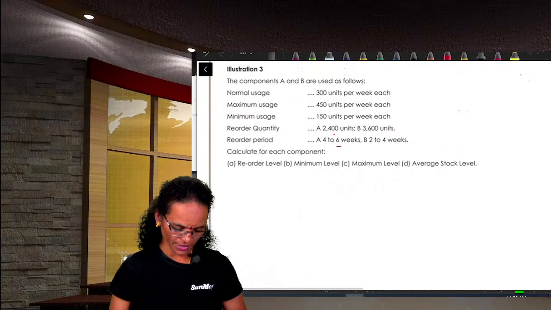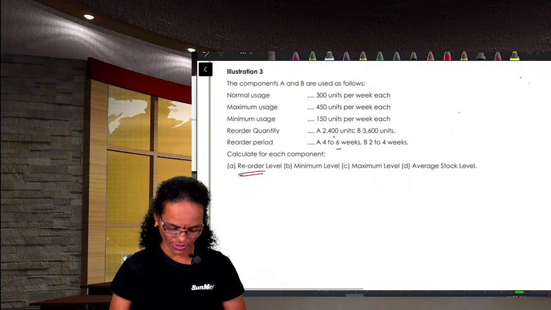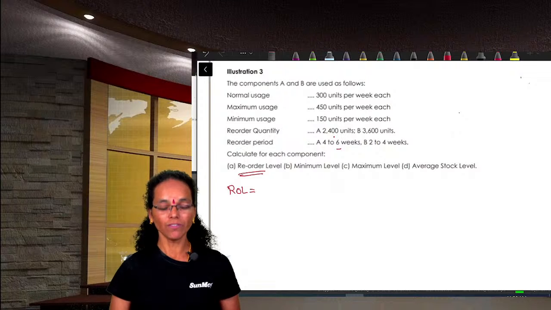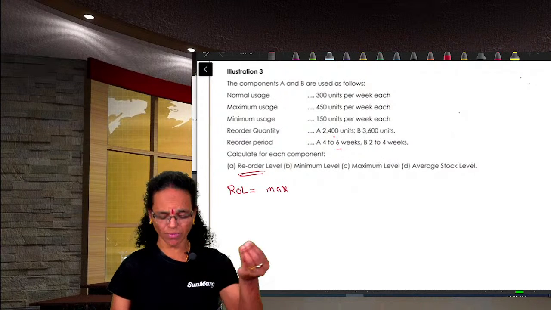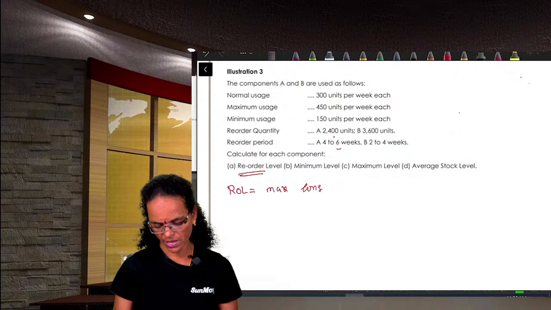Okay. Here, first we will find out the reorder level. The formula for the reorder level is maximum consumption, or maximum usage, into maximum lead time.